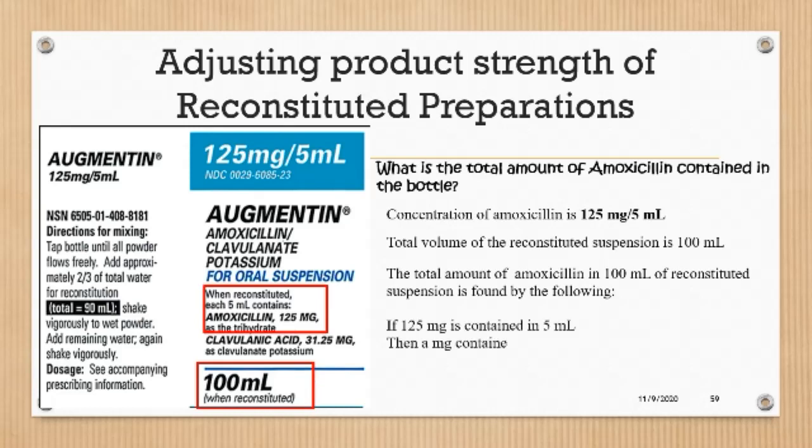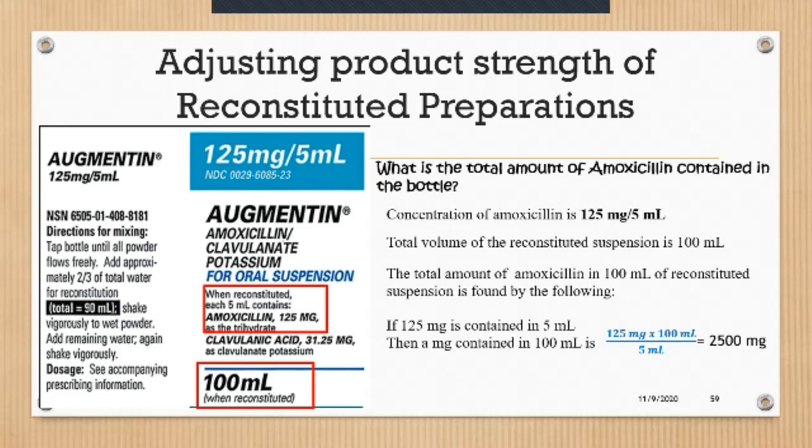If 125 milligrams is contained in 5 mils, then the amount of milligrams contained in 100 mils would have been 2,500 milligrams. So this is saying that once you have reconstituted that 100 mil suspension, you should have 2,500 milligrams of your active ingredient amoxicillin in the entire bottle.